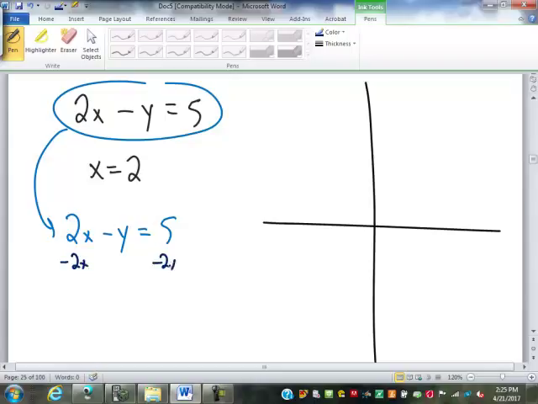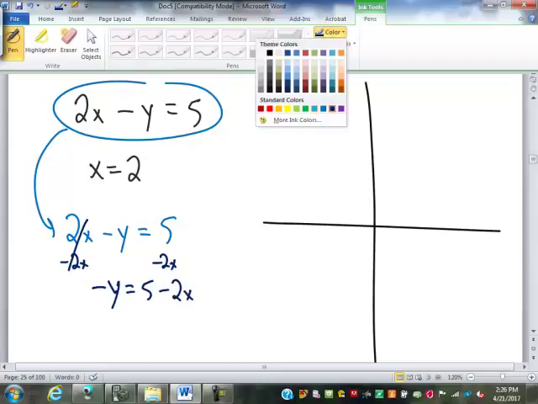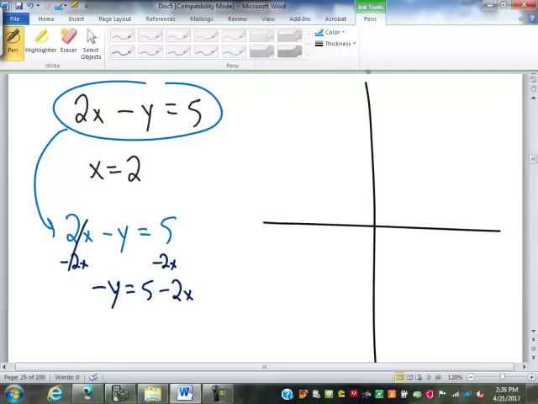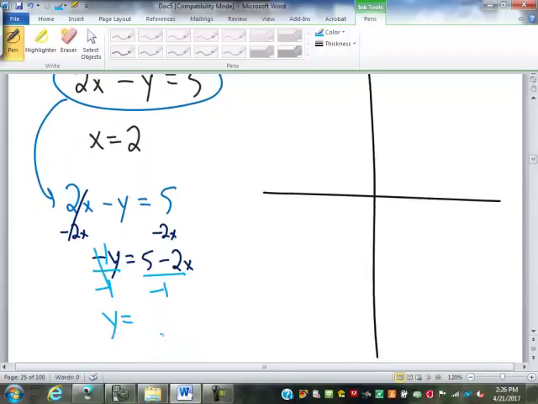We subtract the 2x. Good. So -y equals 5 minus 2x. Then what? Okay, yeah, that's -1 times y, so we divide by a -1. So we've got y equals, what's 5 divided by -1? -5, and -2x divided by -1? Positive 2 over 1x, or just positive 2x, either way.